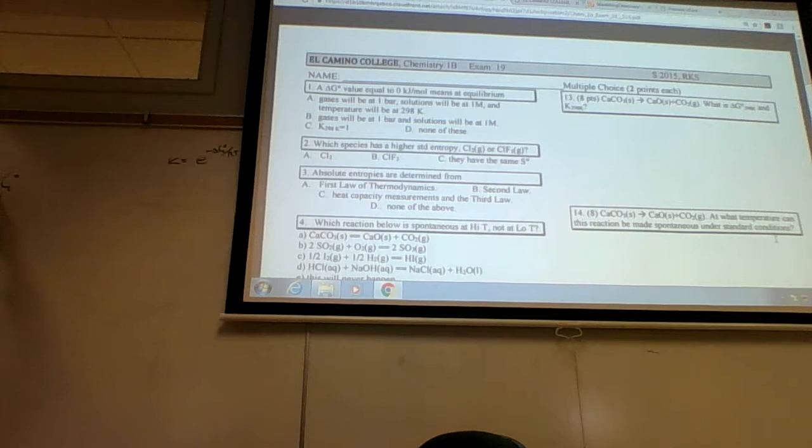We can do it from the standpoint of delta G naught. If we try to figure out the temperature, then we just solve for the temperature at which delta G naught is equal to 0, and therefore K is equal to 1. Likewise, we want to do the same thing with K's.